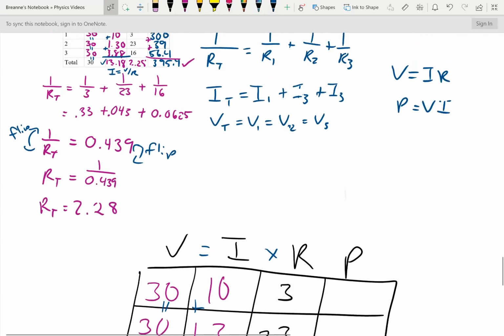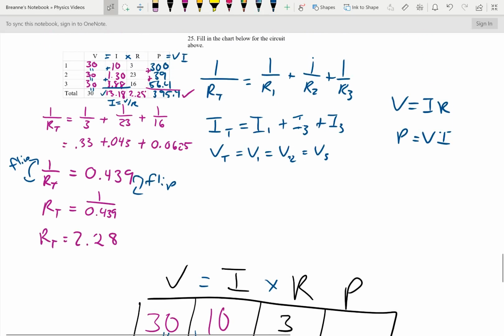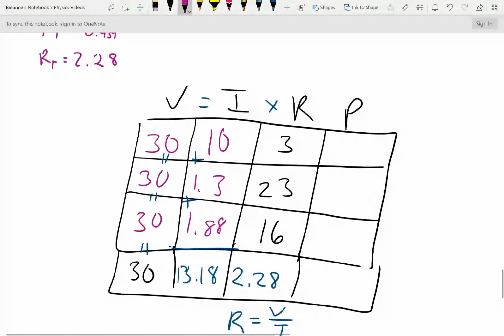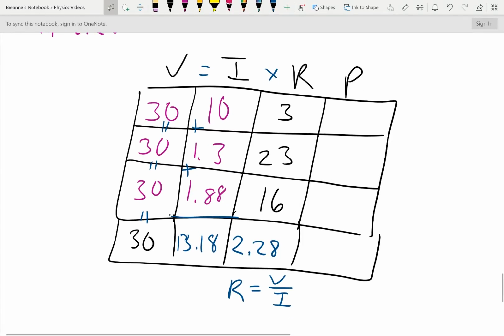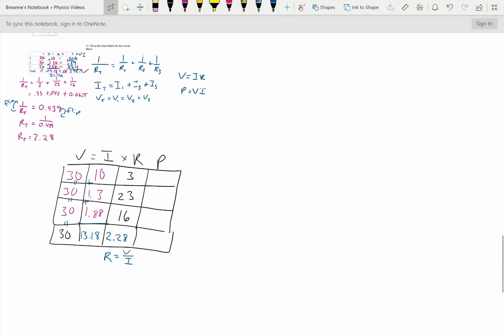What do we get over here? So we got a 2.28. Woohoo! Hot dog. An 8. So you don't have to do the 1 over if you don't want to. There's other ways around it. So if you're nervous about the 1 over, you don't have to do it. And then you work the power just like we did before.